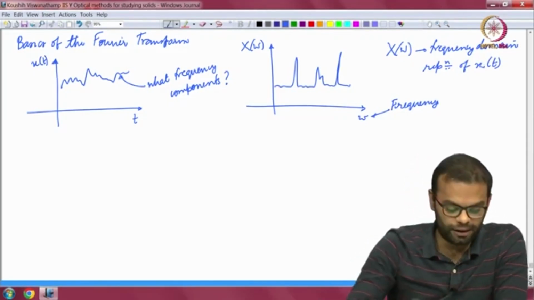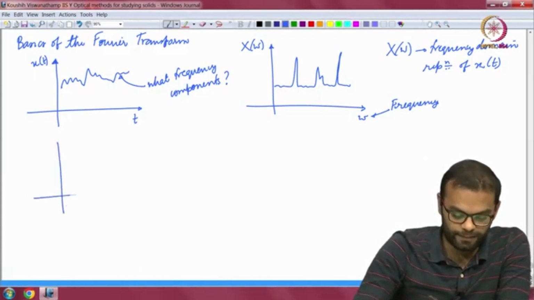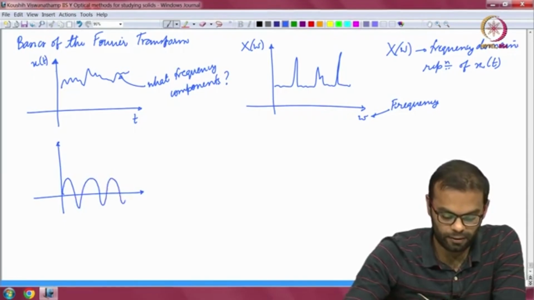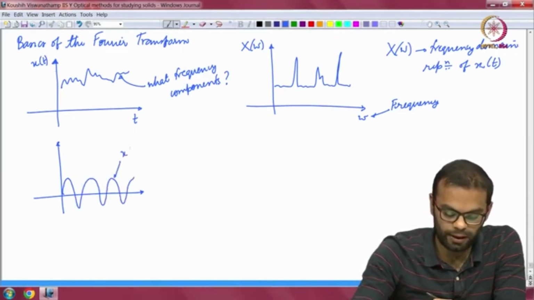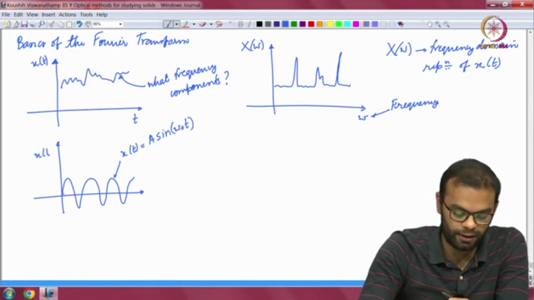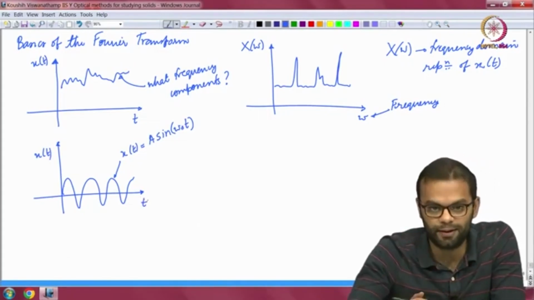Okay. The simplest way to look at this, of course, is if you have a simple sine wave. So this is x of t is say a sin omega naught t, let us say, this is x of t, this is t, this is a simple sine wave.